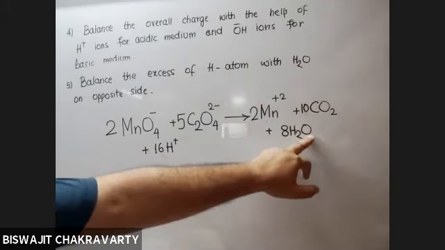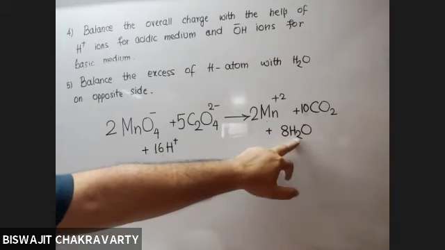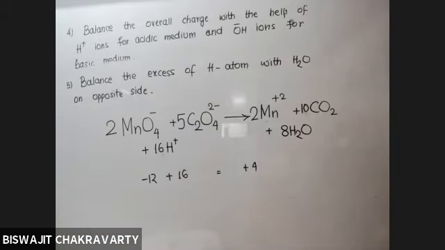Water formula is H2O, so how many waters should be given so that hydrogen becomes 16? 8 H2O. So we only balance H plus? Okay, sir, if it is acidic medium. When we discuss basic medium, you will see that the same procedure is to be done with the help of OH minus. Okay? Done?